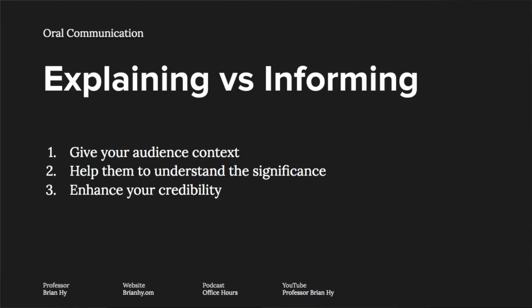Sharing these ideas of specific details and corresponding source citations for information can give your audience context, help them understand the significance of the issue that you are discussing, and enhance your credibility as a speaker by showing that you have done your research and are informed on your topic.